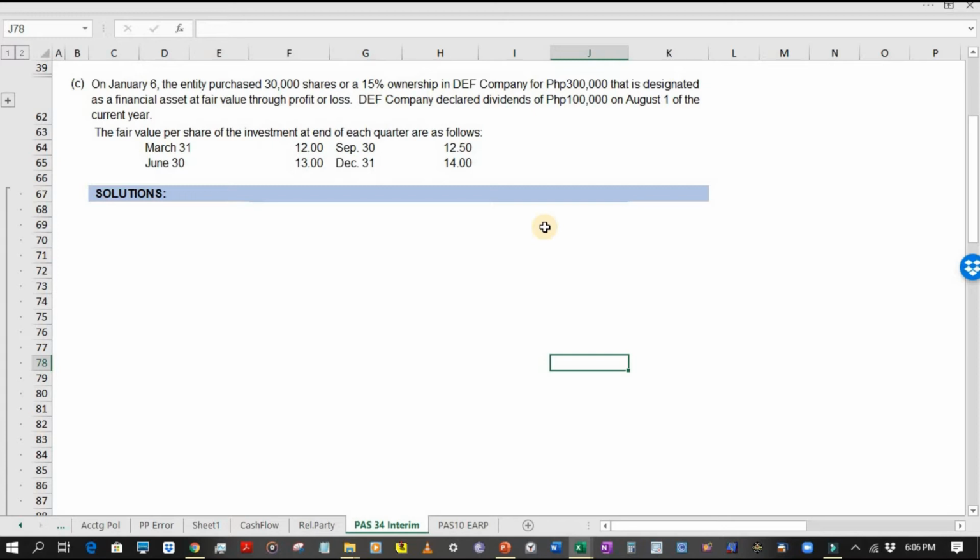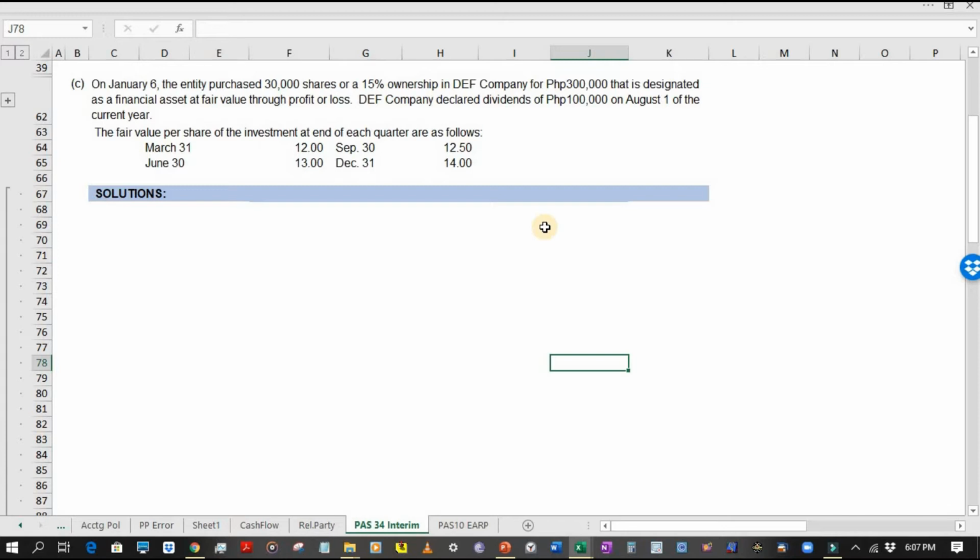Of course, the dividend shall only be recognized during the month or interim period the investee declared such dividend. In this case, the investee is DEF Company and its dividend declaration is on August 1. So technically, the revenue should be recognized by ABC Company during the third quarter, which is the quarter the dividend has been declared. So first, let's compute for the unrealized gain.